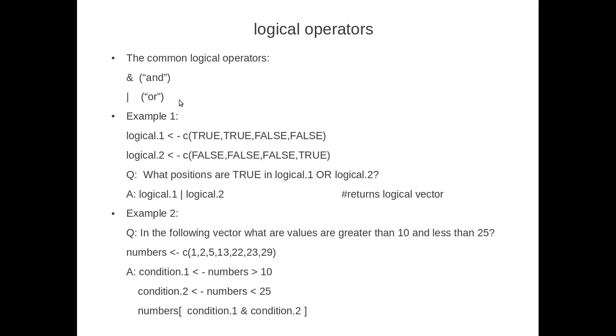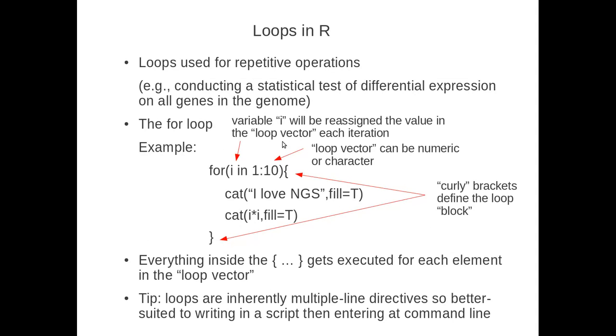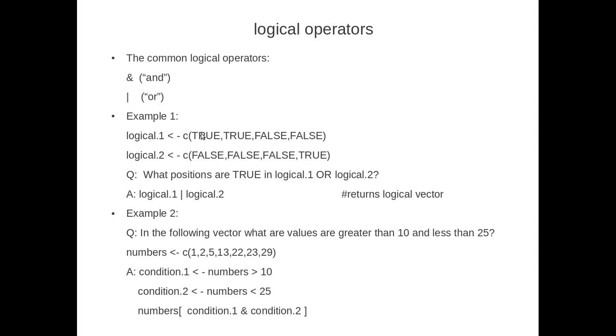And or here, which says which positions have a true in either one or the other of 2 logical vectors we're comparing. What this allows you to do is to make complex queries of data frames in many cases, or lots of other contexts, but you can combine 2 conditions. Remember, the conditions return logical vectors, these conditionals like greater than, less than, greater than or equal to, etc.